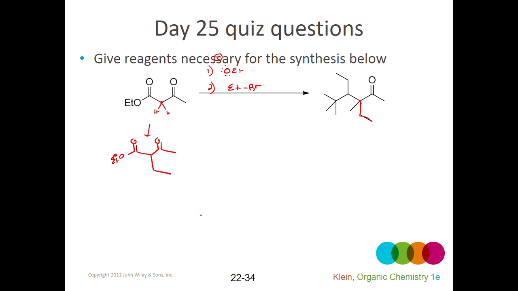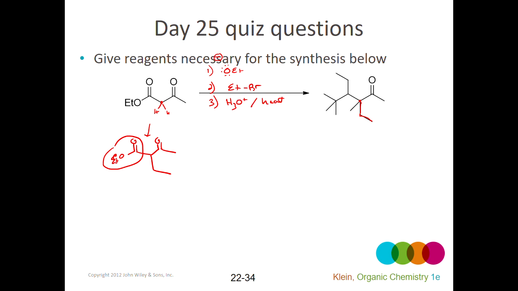Then now I want to get rid of this. It's not there in the end. And so to do that, I'm going to employ the strategy we talked about before, which is to use H3O plus and heat.